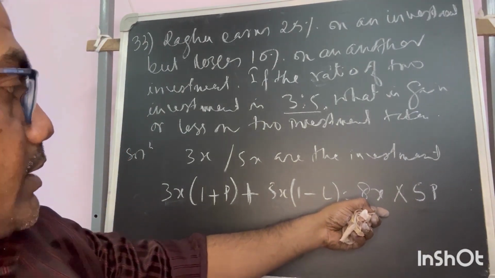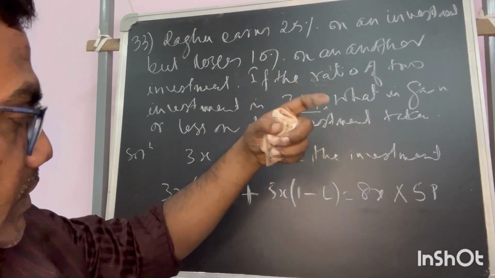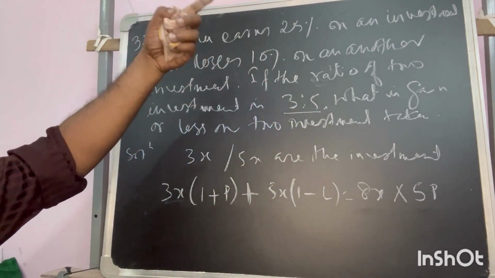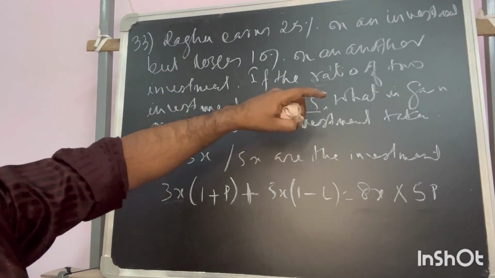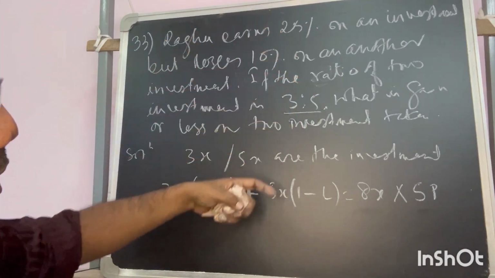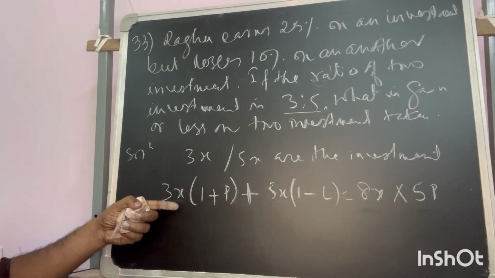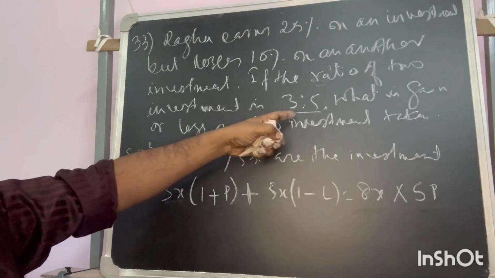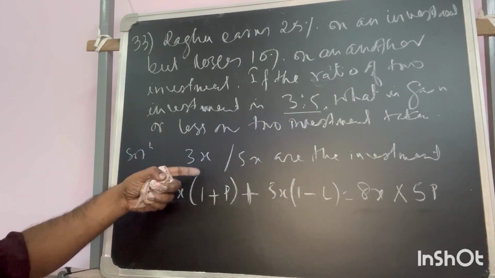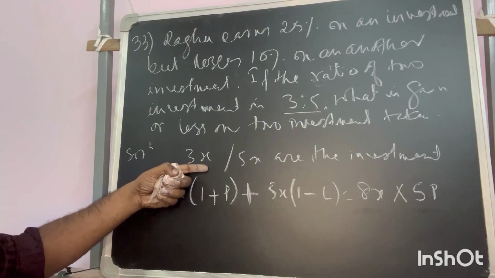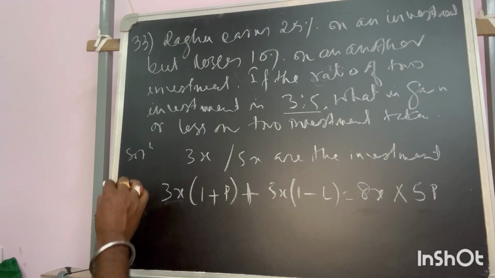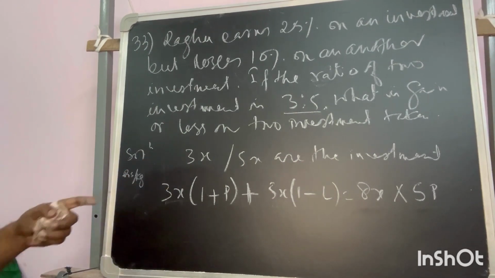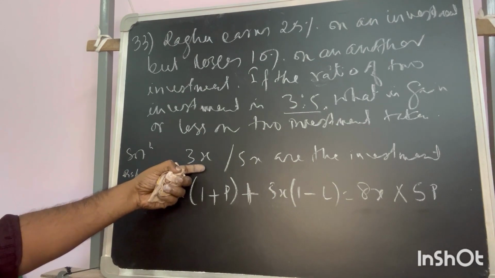Either you can convert it into investment in the form of rupees or some other quantity, because I am getting the ratio 3:5. I can assume x with the multiplier, maybe rupees per kg, so this will cover both cases.